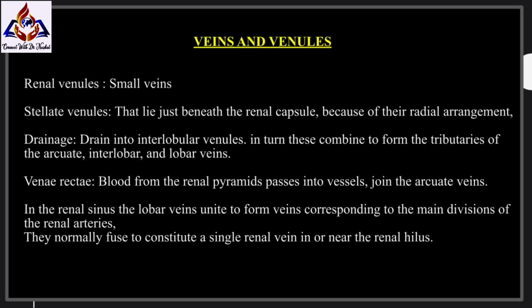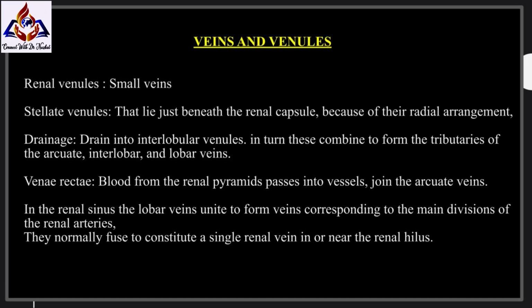Venules that lie just beneath the renal capsule, called stellate venules because of their radial arrangement, drain into the interlobular venules. In turn, these combine to form the tributaries of the arcuate, interlobar, and lobar veins.